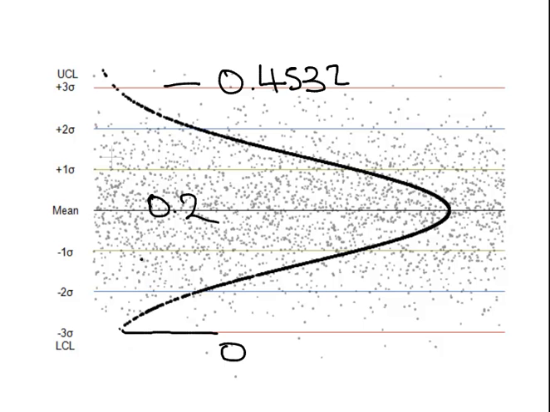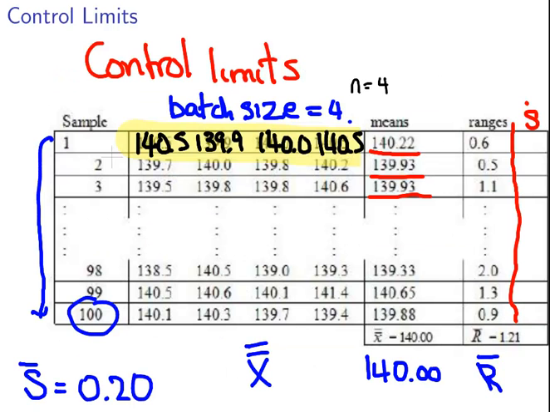The last one is the range chart. It's actually a very straightforward calculation. It would be 1.21 by 2.282. That would be 2.761. Let's go back to where we see what I'm talking about.